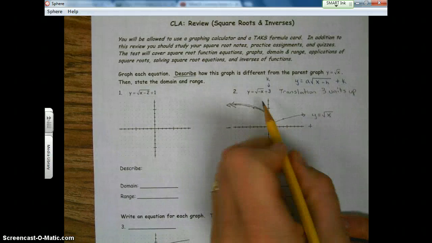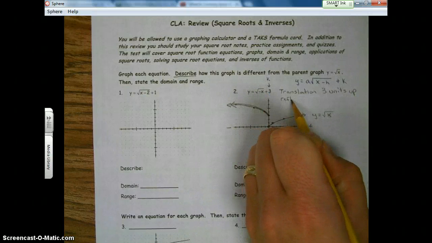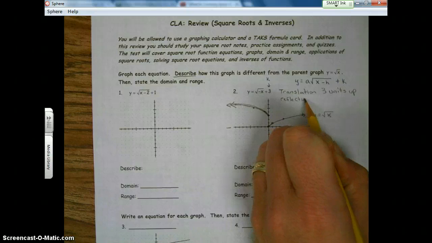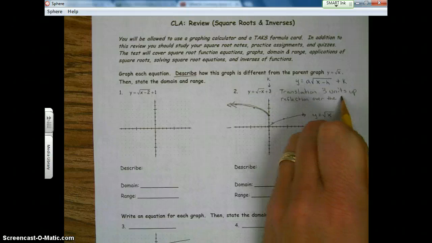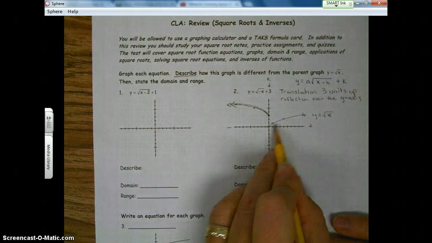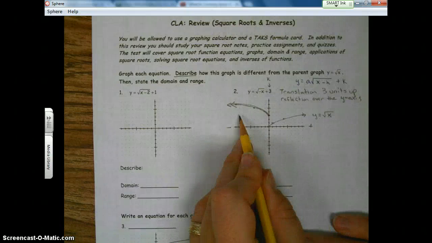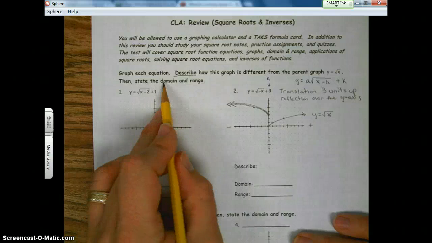Okay? The second thing we have here, we have a reflection over the y-axis. So the parent got flipped over the y-axis. Okay? It says then state the domain and range.